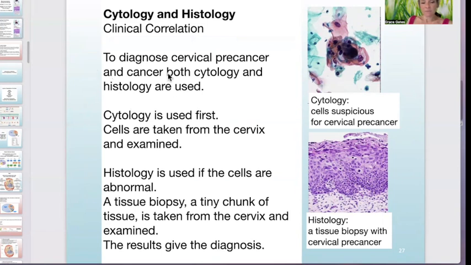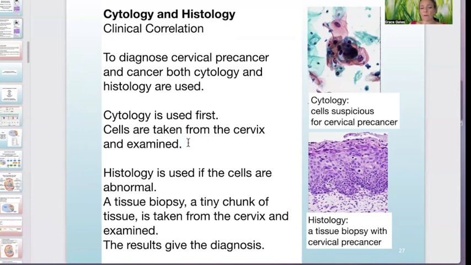For example, to diagnose cervical precancer and cervical cancer, both cytology and histology are used. Cytology is used first. Cells are taken from the cervix and examined. And this is actually called a pap smear after a man named Papanicolaou.